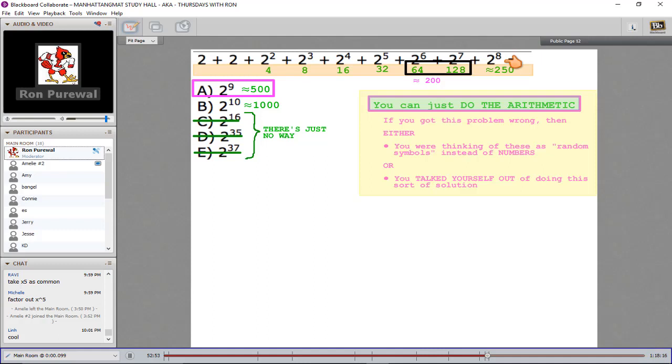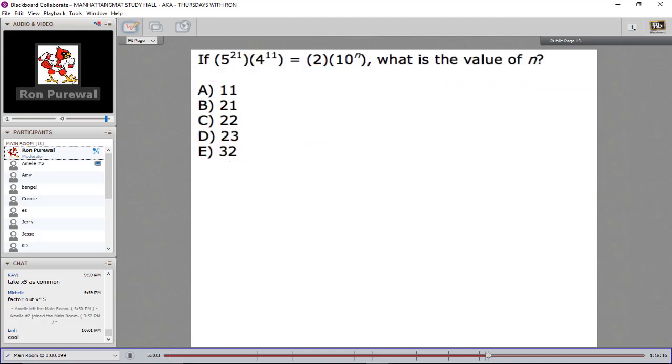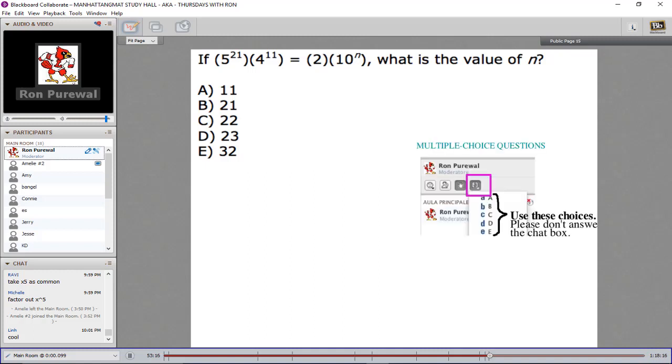Okay, let's see another problem. What about this one? Don't forget where the answer choices are located.